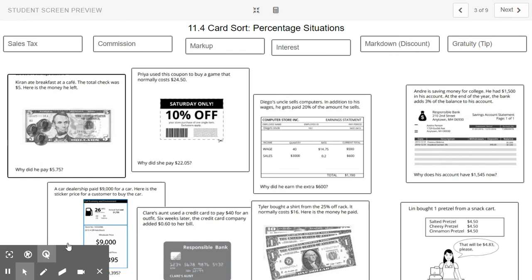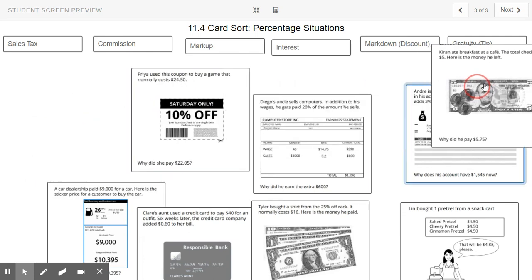However, there's an important part to this card that tells us that it's not sales tax. Here it's telling me that the total check was $5. So what that means is the total check would include not just how much the breakfast was, but also the sales tax. So that's included in the $5. He left an extra 75 cents as a tip for the server.